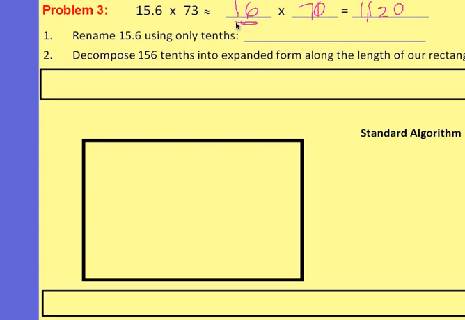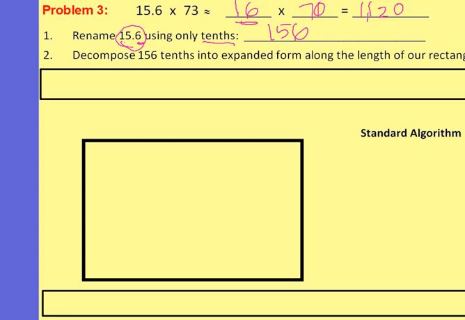16. But now we want to think about our 15 and 6/10 as only tenths. So we find that place value and we take every number to the left. So how many tenths are in 15 and 6/10? 156 tenths.